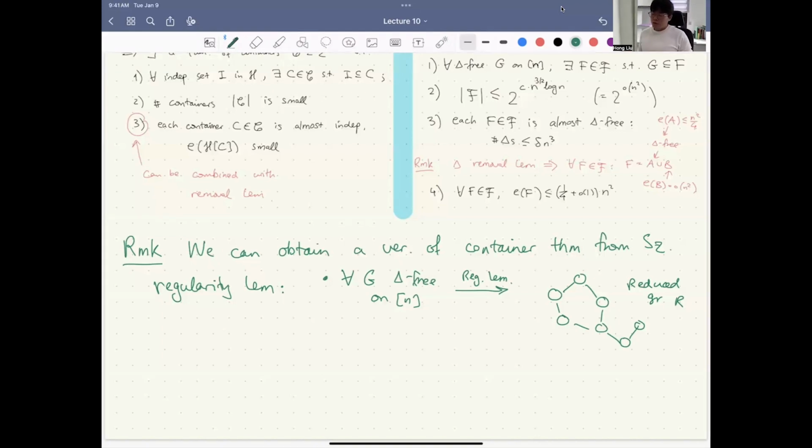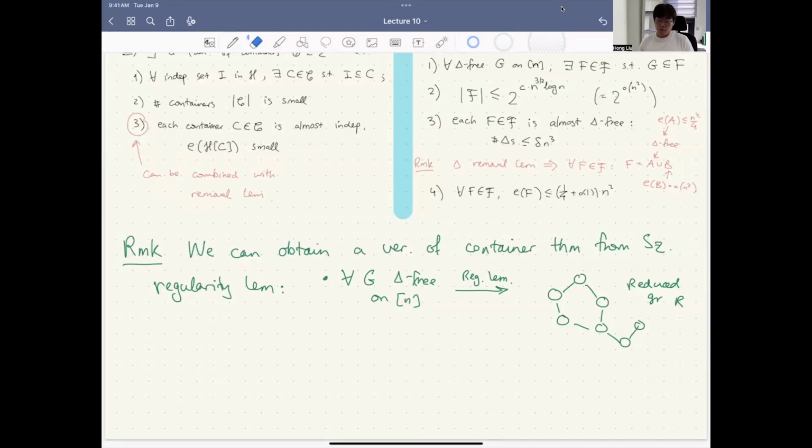So actually, with the regularity lemma, we can even get a container for almost triangle-free graphs.